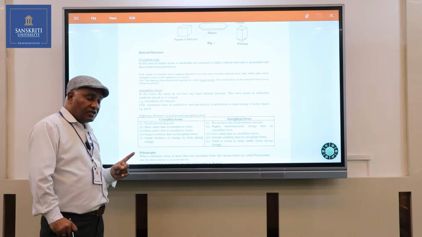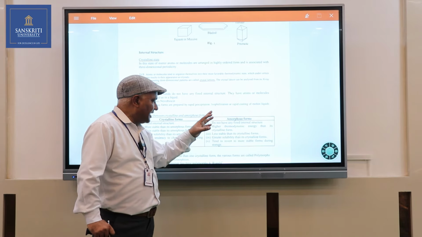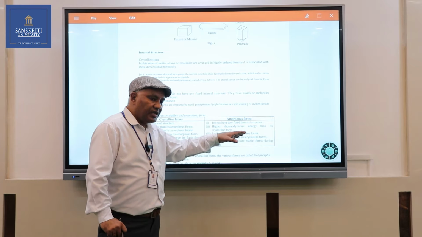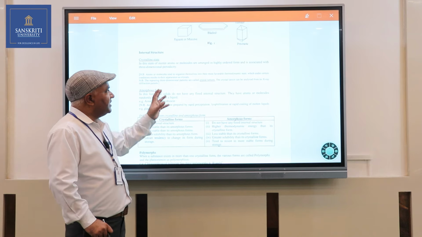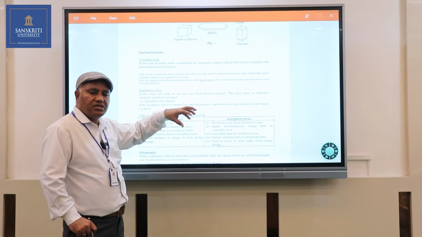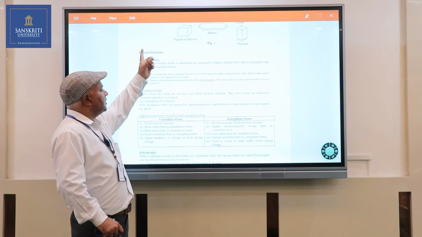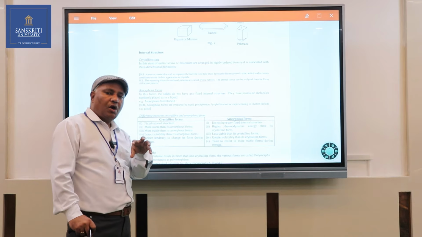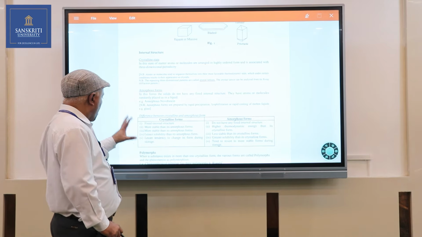Again, an important thing we have discussed: since amorphous forms are less stable, they will have better solubility in comparison to the crystalline drug. Why? Because their drug molecules are not bound with high strength forces, while in case of the crystalline drugs, as we have studied, the drug molecules are bound to each other with high force of bonds.